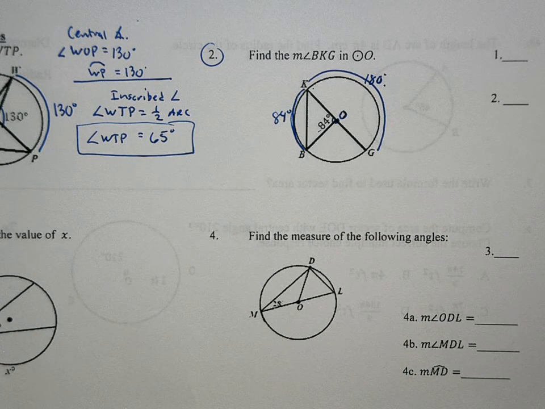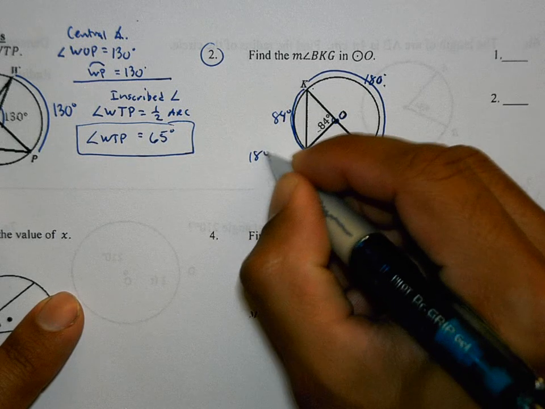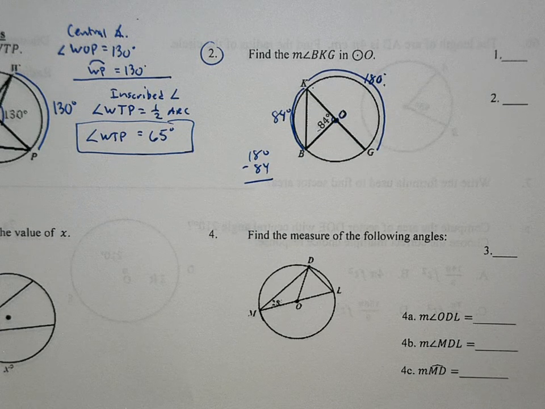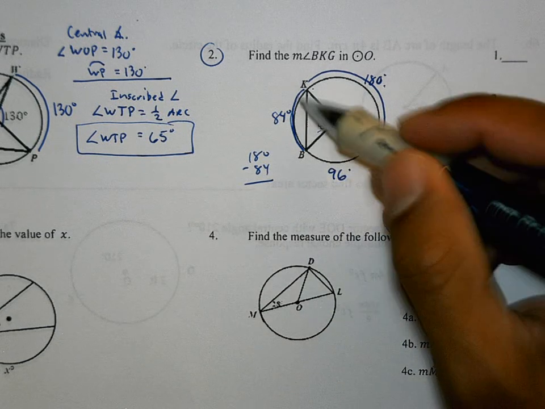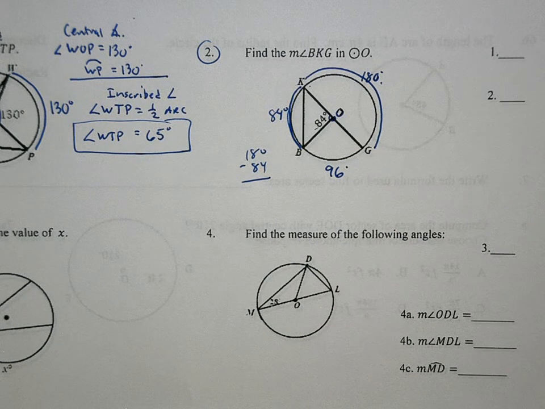So I'm going to do 180 minus the 84 just to see what's left over. Use my calculator for that. 180 minus 84 is 96, that makes a full circle.